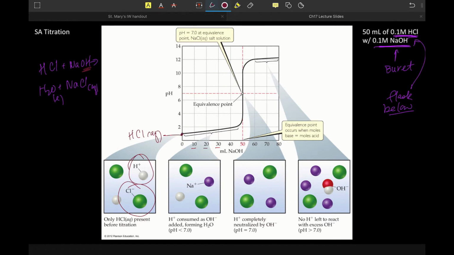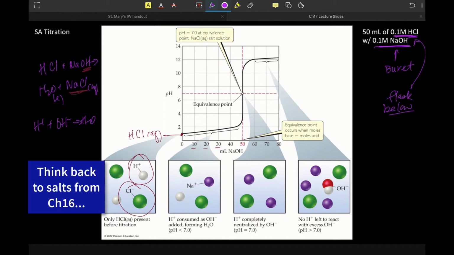We are getting a buildup of sodium ions and chloride ions, because those are spectator ions that are just hanging around. So we might even be better off saying the net, which would be H+ plus OH- gives us water. And so we have this buildup of our sodium ions and our chloride ions, neither of which affect the pH of my solution.